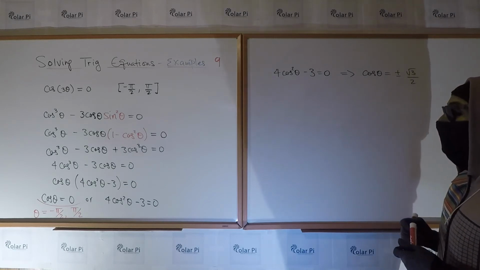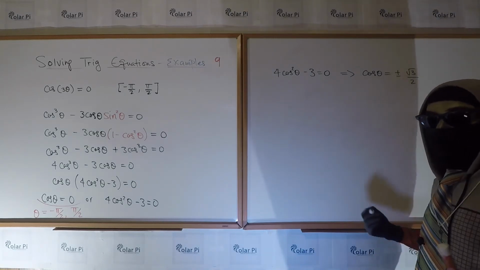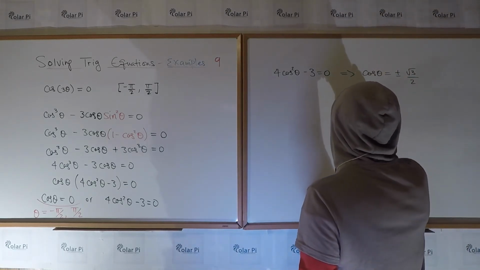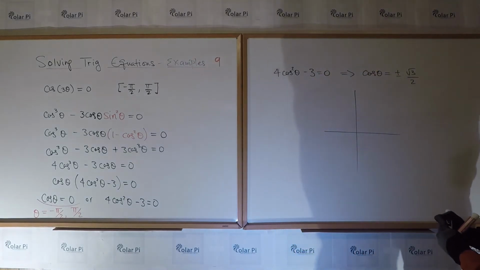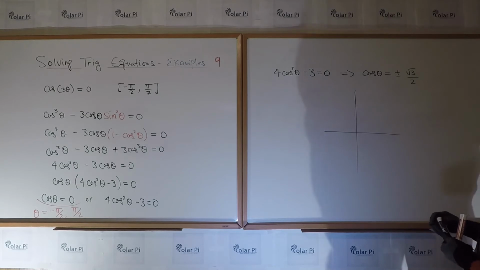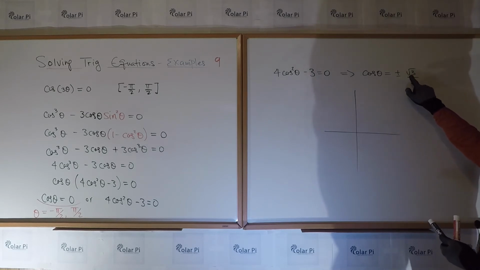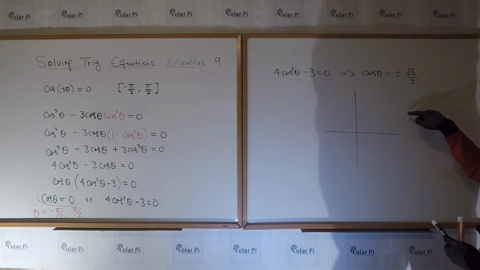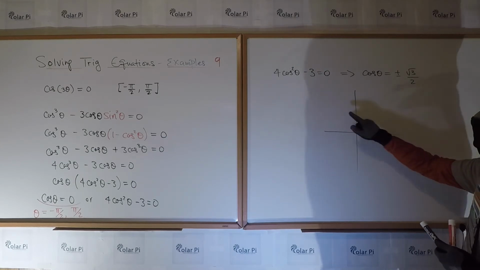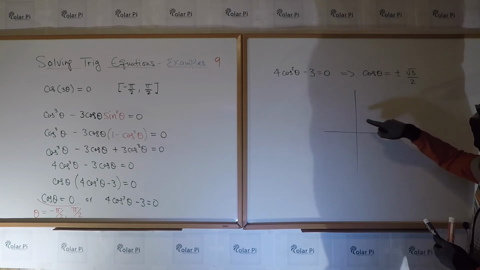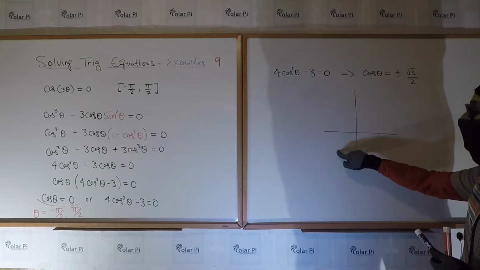And then we draw the quadrants. I've showed you how to do this many a time. So draw the quadrants, and where do we need reference triangles? Wherever cosine is positive because of the plus root 3 over 2. And so that's here and here. And where it's negative, which is because of the minus root 3 over 2, cosine is negative here and here.